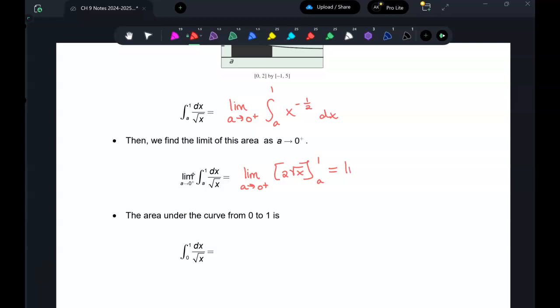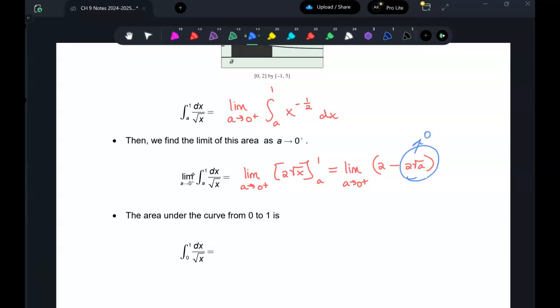So what will we have? We'll have 2 minus 2 root a. But we have a radical. What do we do? Well, as a approaches 0 from the right, we get 0. That goes to 0.